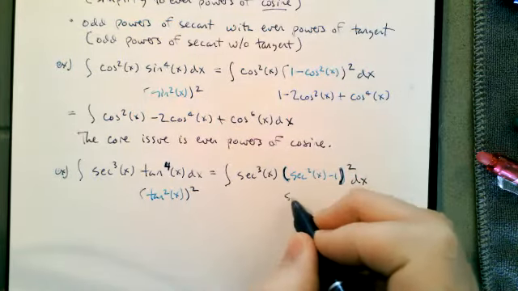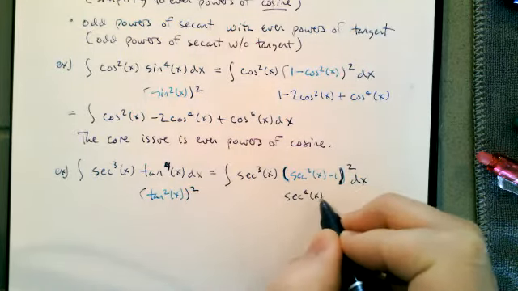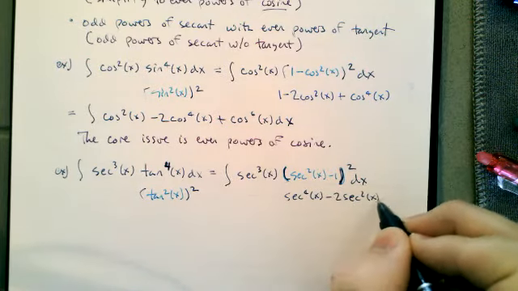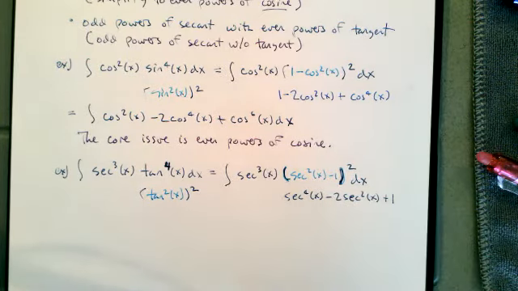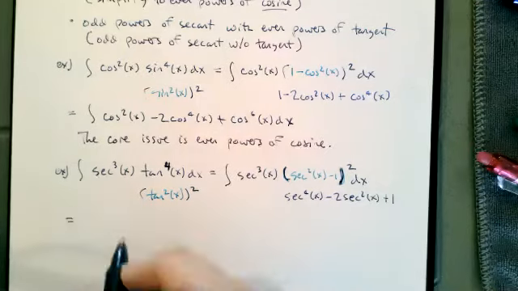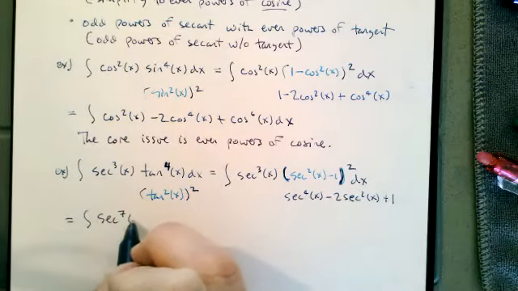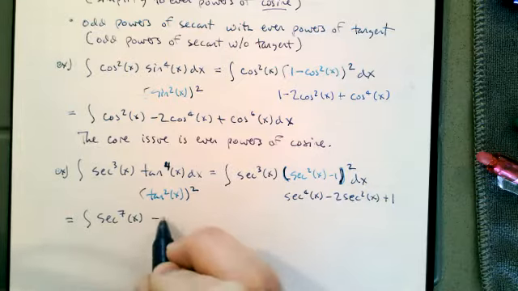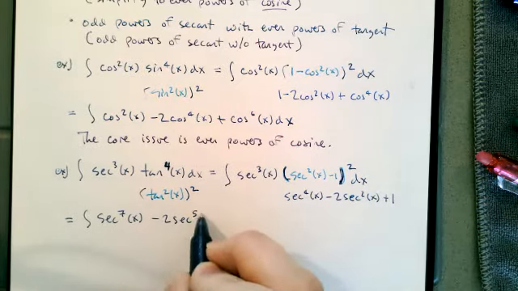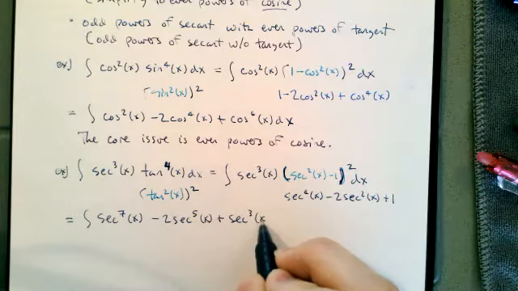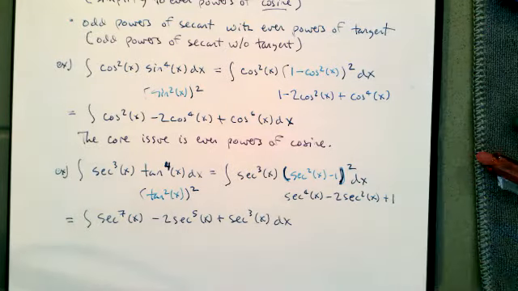So this here is secant to the 4th x minus 2 secant squared x plus 1. And then we would multiply by secant cubed. So I'd end up with an integral of secant to the 7th x minus 2 secant to the 5th x plus secant cubed x dx.